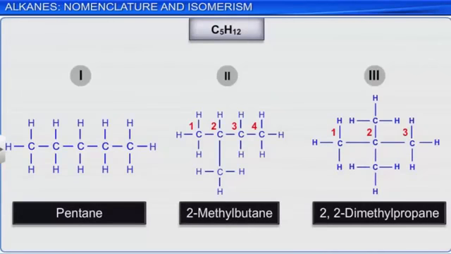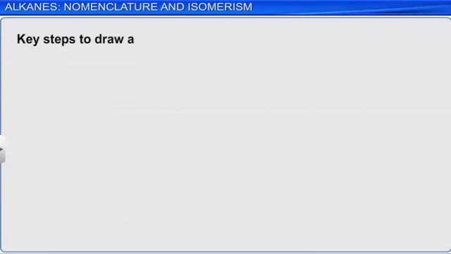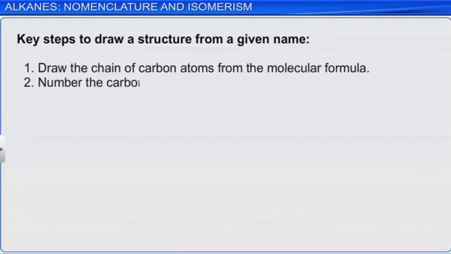Just like it's important that we know how to write correct IUPAC names for a compound given its structure, we also need to be able to draw the structure given its IUPAC name. The key steps to draw a structure from a given name are: draw the chain of carbon atoms from the molecular formula. Number the carbon atoms within the parent carbon chain.